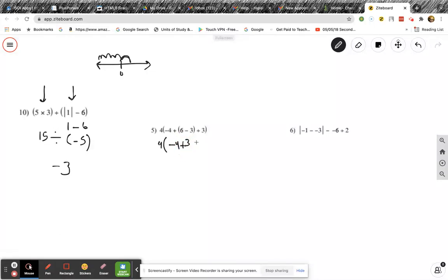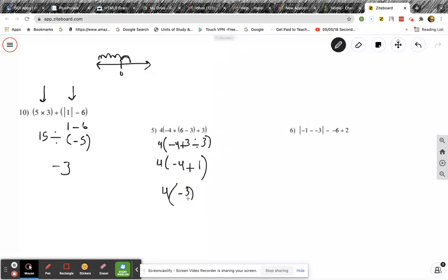And then that is division, like so. Then I look inside the parentheses. I want to do the division next. So this would be negative 4, because I'm not using that yet. And then 3 divided by 3 is 1. So I have a plus 1. Then I have negative 4 plus 1, which is negative 3.